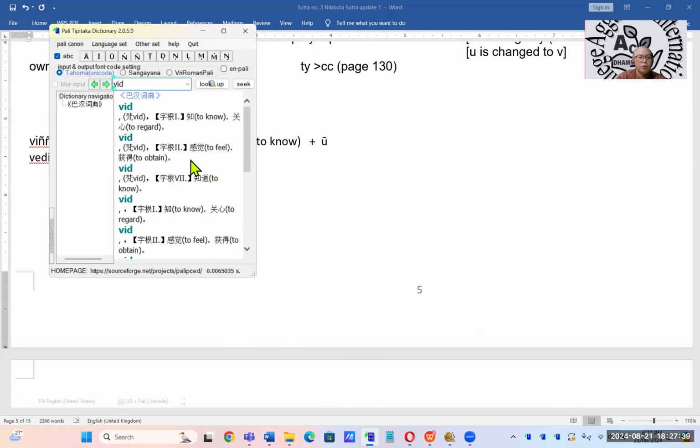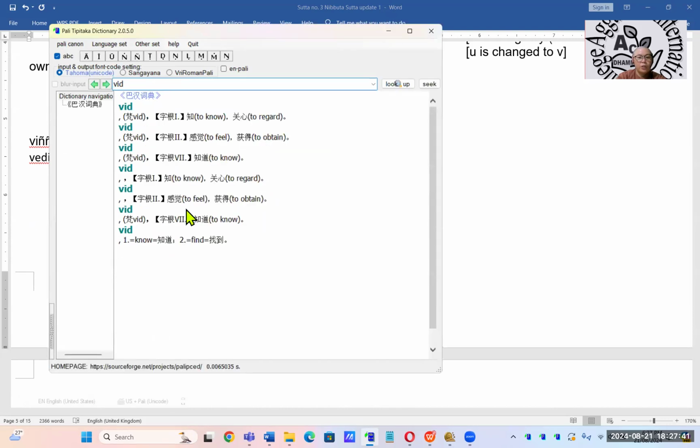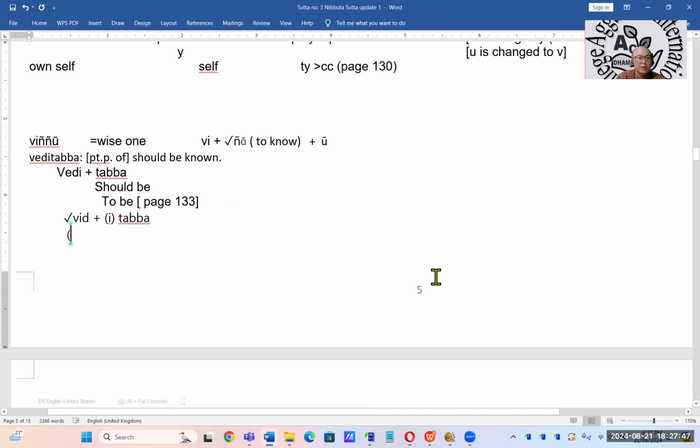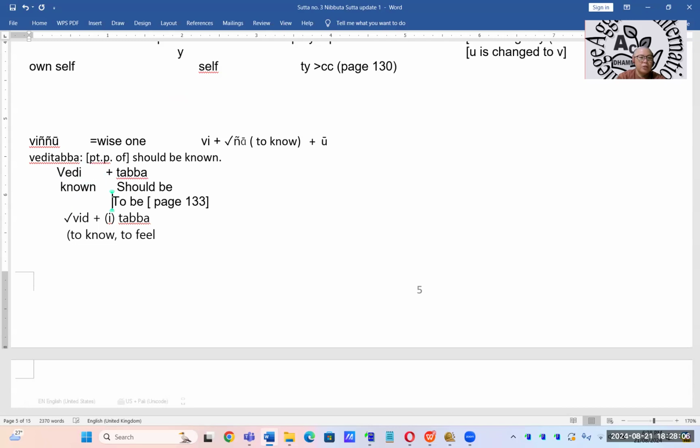This is a very powerful root to find. So here it will be should be, ought to be, so the meaning is should be known. Vid plus tabba, veditabba: should be known by the wise person.